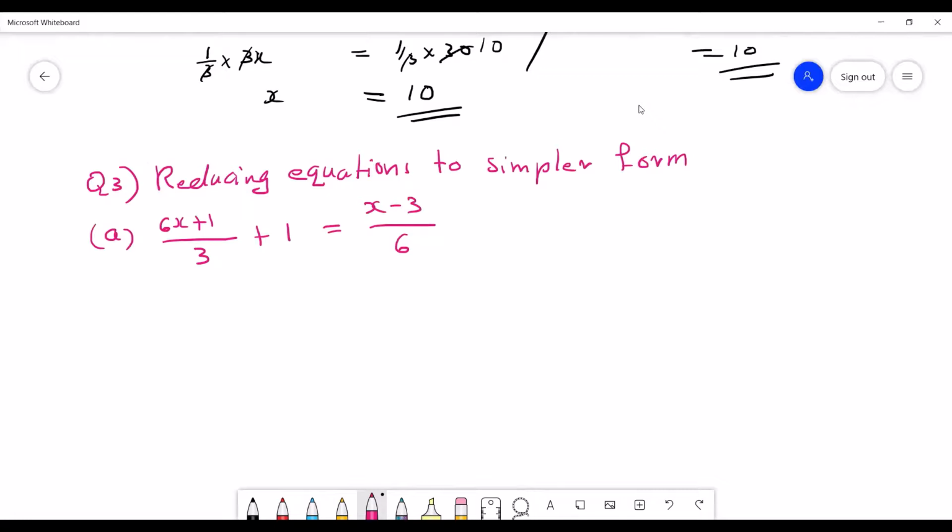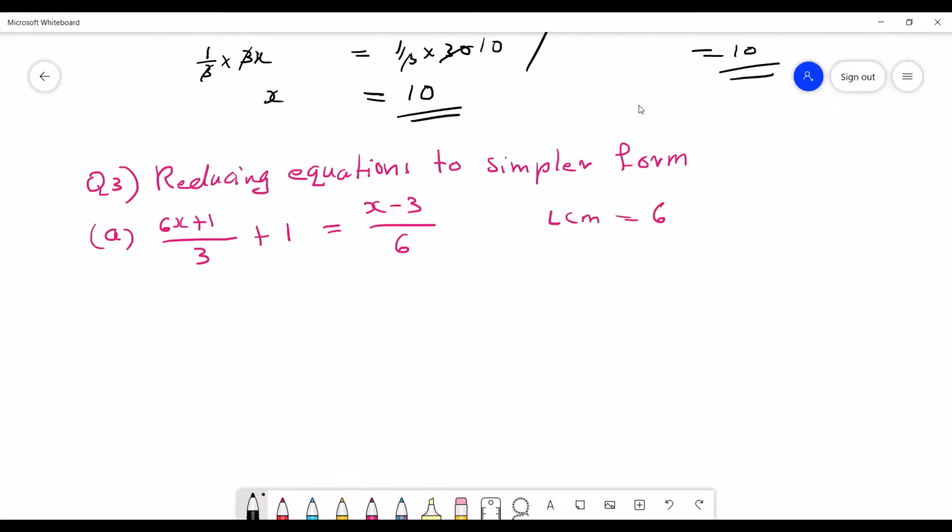Here, the method is application of least common multiple, the LCM, that we have to use here. So least common multiple means LCM of 3 and 6 is here, it is 6 only.